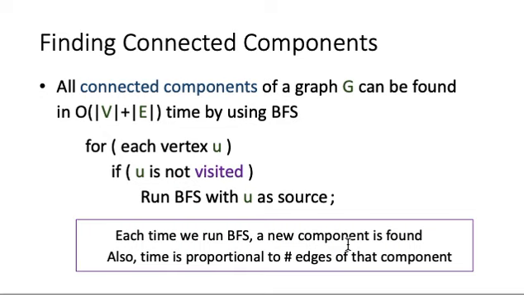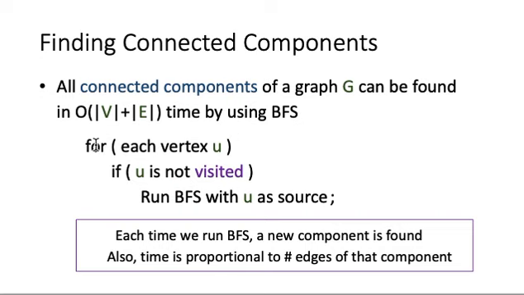Now let us look at one application of this method. The BFS algorithm can be used to find the connected components of a graph. All the connected components of a graph can be found in linear time as follows. Initially, we mark each of the vertices as undiscovered and unvisited.